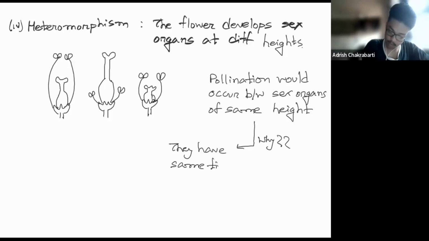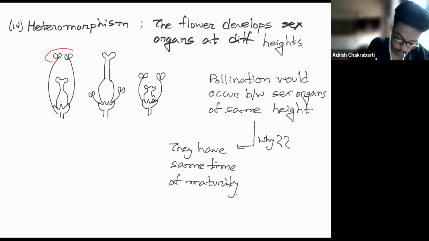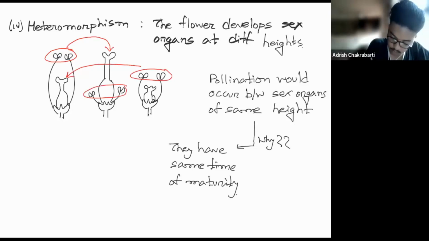So the sex organs of same height have the same time of maturity, and that's why we would observe pollination between them. So what are the points that we're going to observe? This pollination to this, this pollination to this, and this pollination to this. This is what we are going to observe.